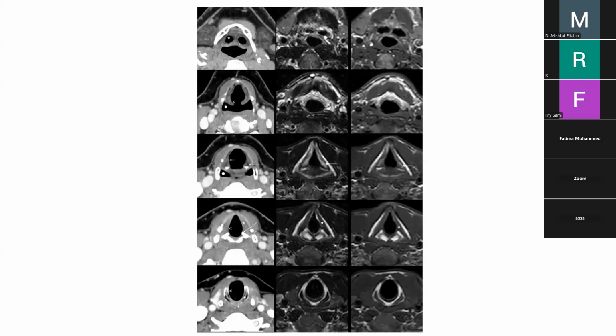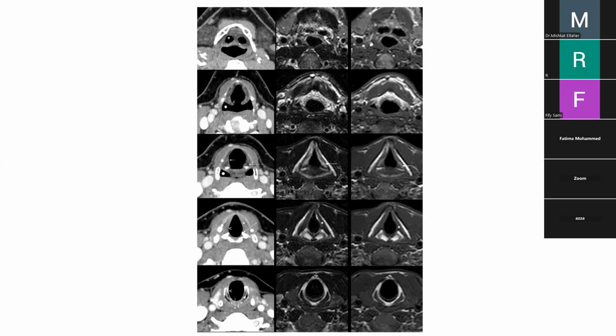And this is important because here at the bottom row, at the level of the subglottis, the cricoid ring, we can see that the soft tissue in the inner aspect of the cricoid cartilage is absent. So these 2 millimeters are now absent at that level.